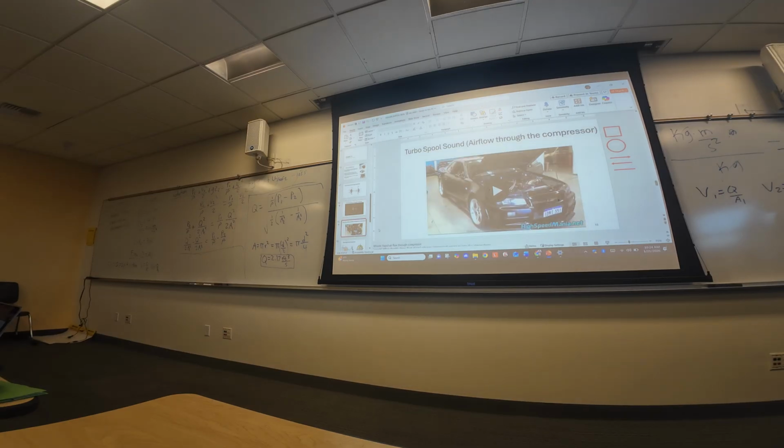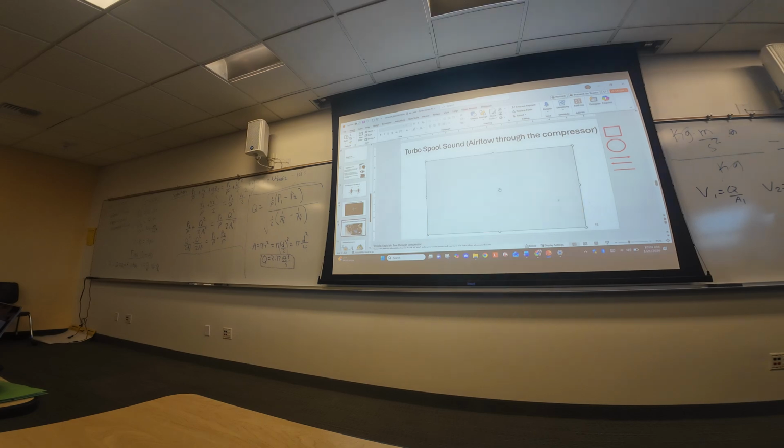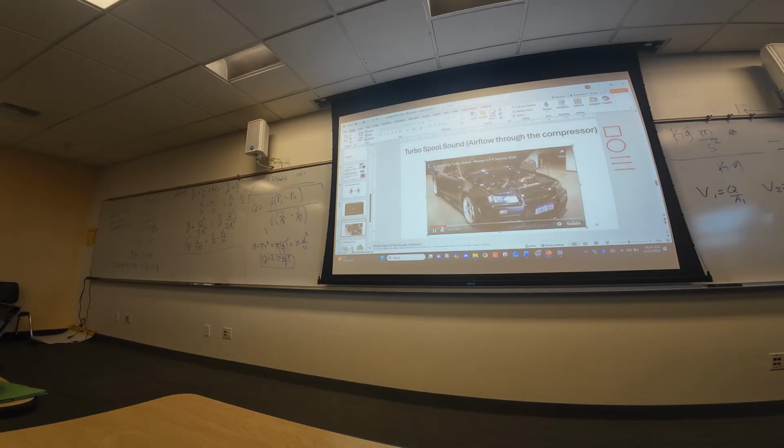And here, anyone know what this car is? Oh, yep, Skyline. That's one of my dream cars. I'll turn this up, you'll hear a little turbo spool. Ooh, too loud. If you hear that turbo spool sound, that's the compressor.